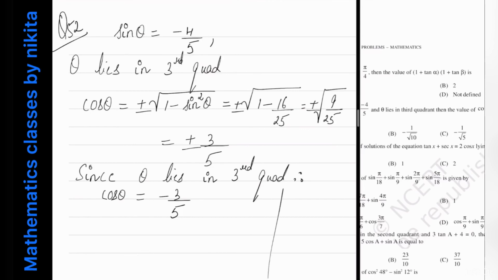So we must remember a formula for cos 2 theta. So cos 2 theta is 2 cos square theta minus 1. Okay, so here I will put theta by 2 in place of theta. So I will get that cos of theta is equal to 2 cos square theta by 2 minus 1. And from here I will find the value of cos theta by 2.